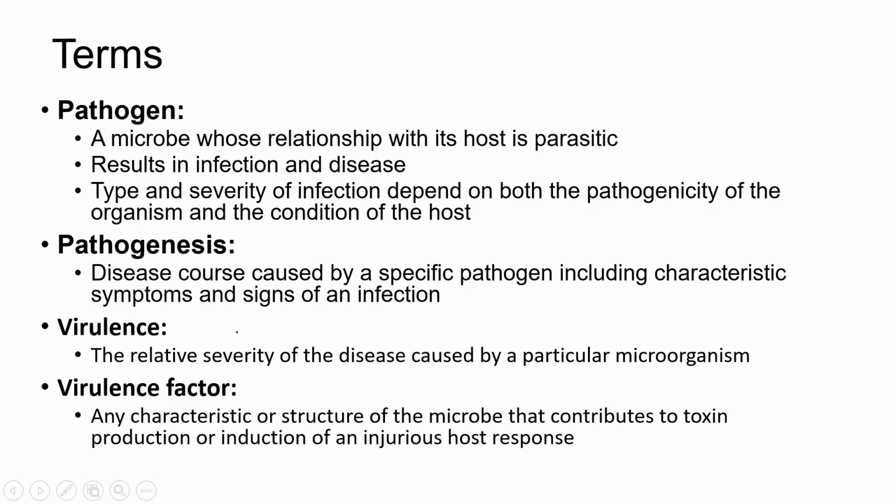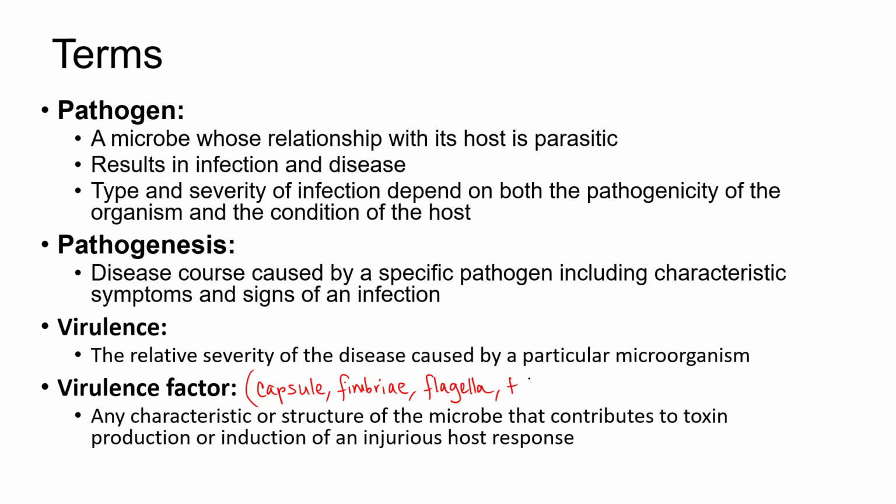And you're going to hear me use this word virulence factor, which basically means any characteristic, any trait of that microbe, including toxins, as well as other physical characteristics that we learned about in the beginning of the semester. Remember, there's certain features of bacteria that allow them to establish disease in their host. So this could be something like having a capsule, so they're able to hide from the phagocytes. This could be the fimbriae, those little sticky hair-like structures that some bacteria have for attachment. This could be flagella for swimming within the body.